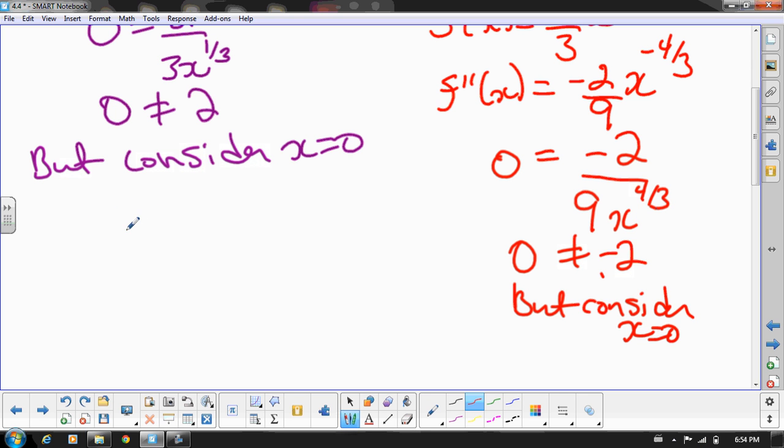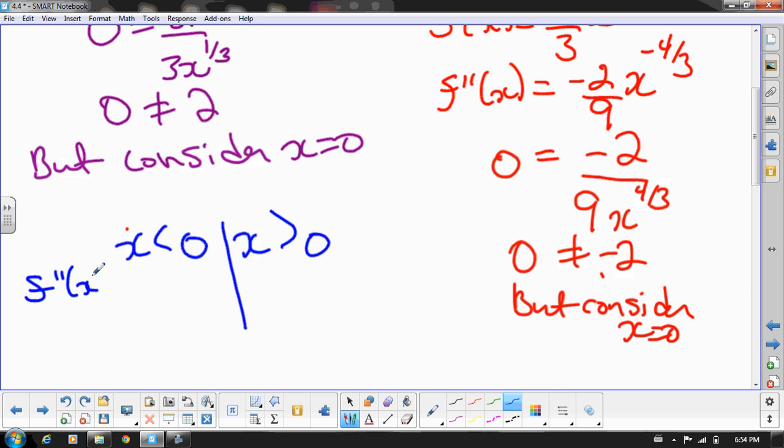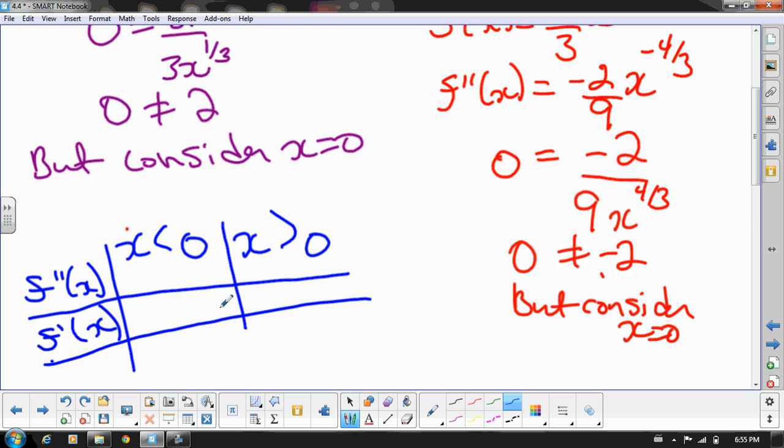So I just need to consider values that are less than 0 and x is greater than 0. So f double prime of x. Then we can also include f prime of x because it was a critical value from the first derivative. And then finally, we have the final function that we can analyze.